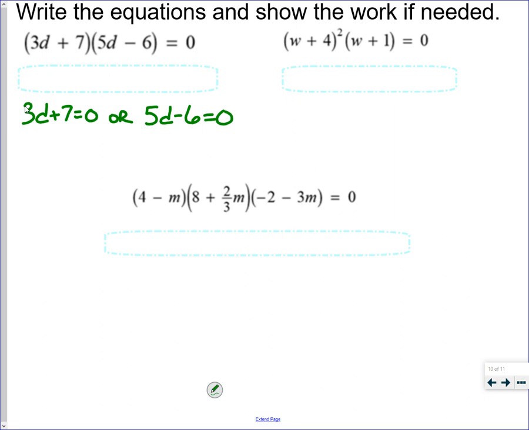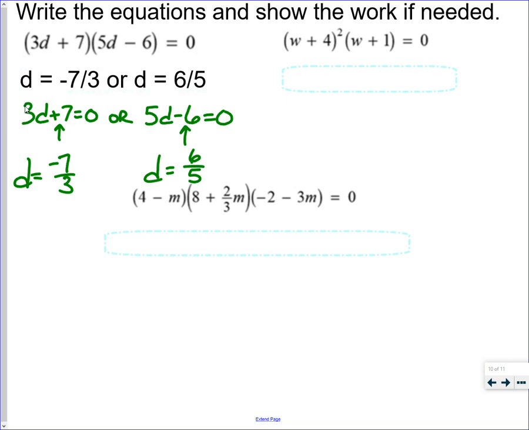And again, my trick is change this sign so it'll be a -7 over 3. And again, change this sign so that'd be a +6 over 5. You can feel free to show that work if you'd like to.